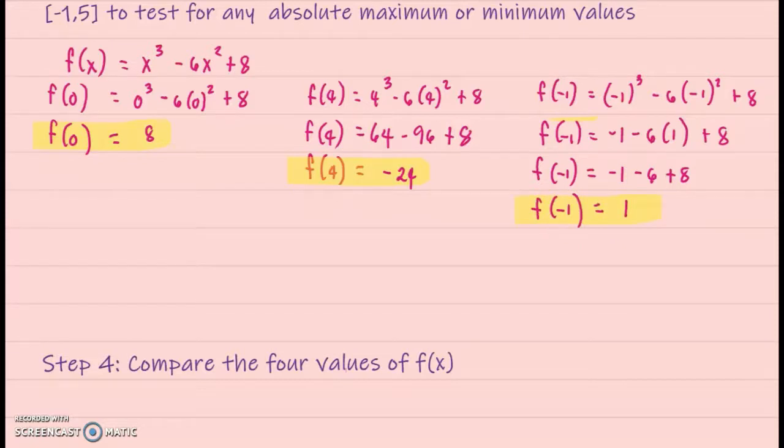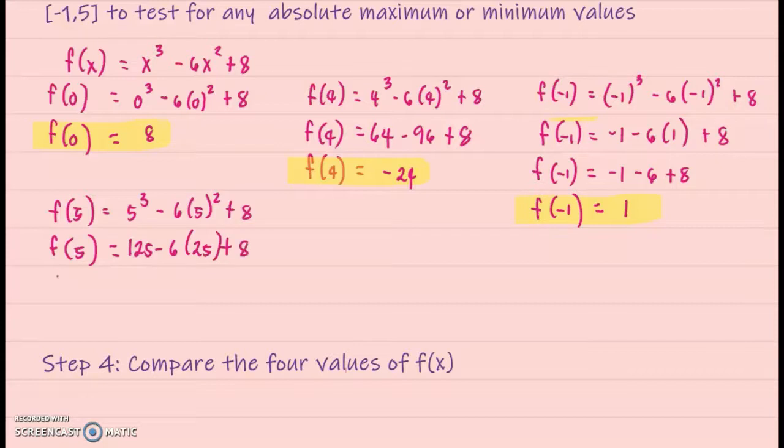And let's have 5. So we have f of 5 is equal to 5 cubed minus 6 times 5 squared plus 8. F of 5 is equal to 125 minus 6 times 25 plus 8.